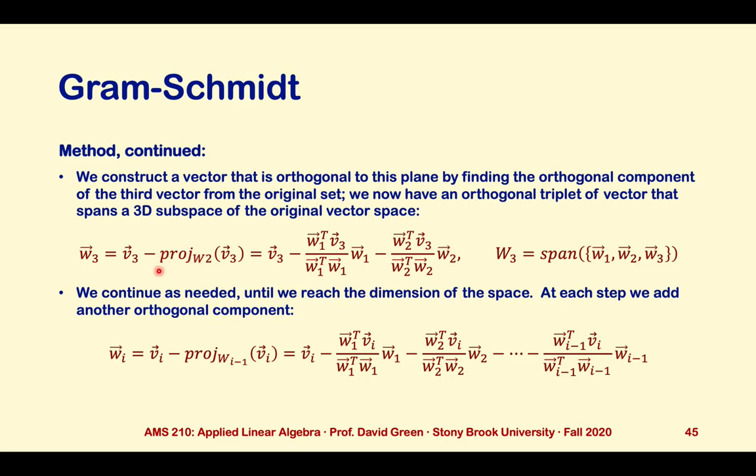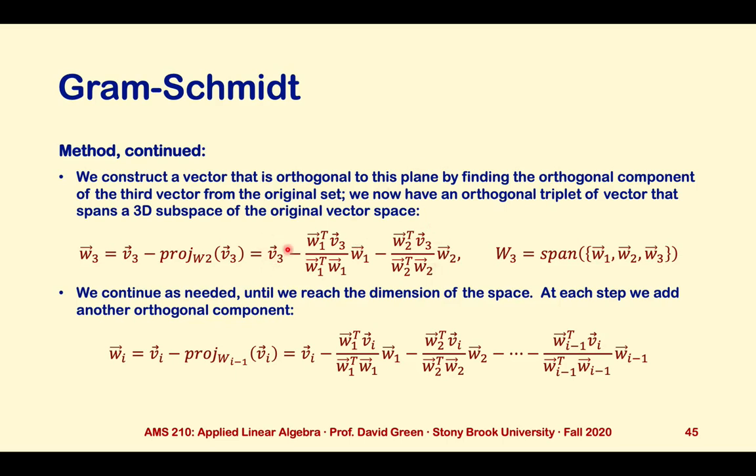and take advantage again of the fact that this W2, we have an orthogonal basis for it, and so we can represent the projection of v3 onto this simply as the projection onto w1, and the projection onto w2.